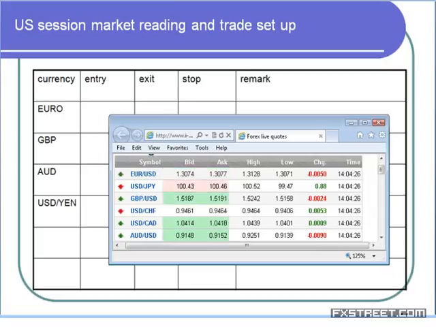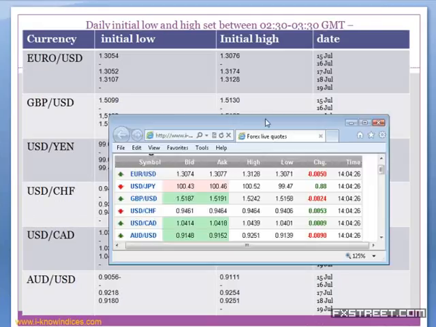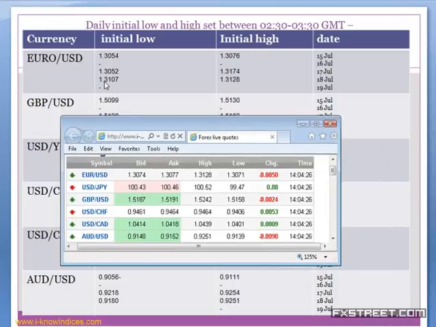Let us compare it with the initial lows and highs they formed around 3:30. Now euro, the initial low was 1.3107. They are still holding below that, and 1.3071 was formed as the low during the gap time. For 30 minutes, they have not breached it.